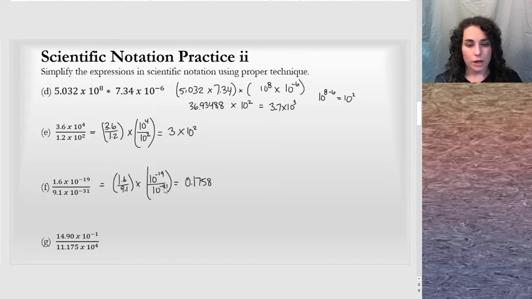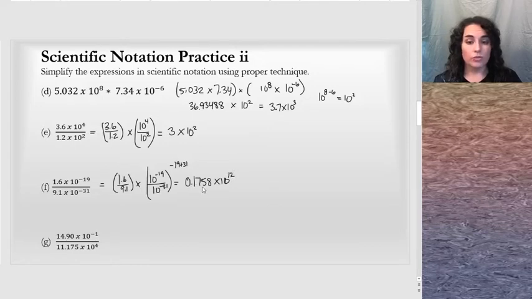Okay. What I'm actually going to do up here is negative 19 plus 31, right? So we have to do negative 19 minus a negative 31, which is negative 19 plus 31, and gives us 10 to the positive 12th value.